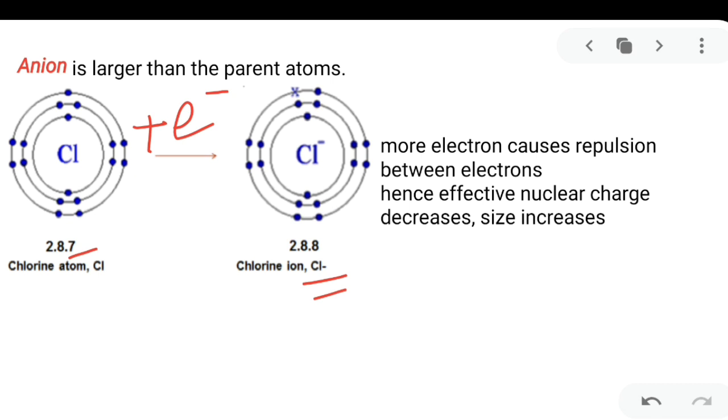Now the nuclear charge remains same. Number of electrons increases, and when we add 1 more electron, there is an inter-electronic repulsion between the electron present and electron added. Hence, the effective nuclear charge decreases and size increases. So, that is the reason why anion is larger than its parent atom.